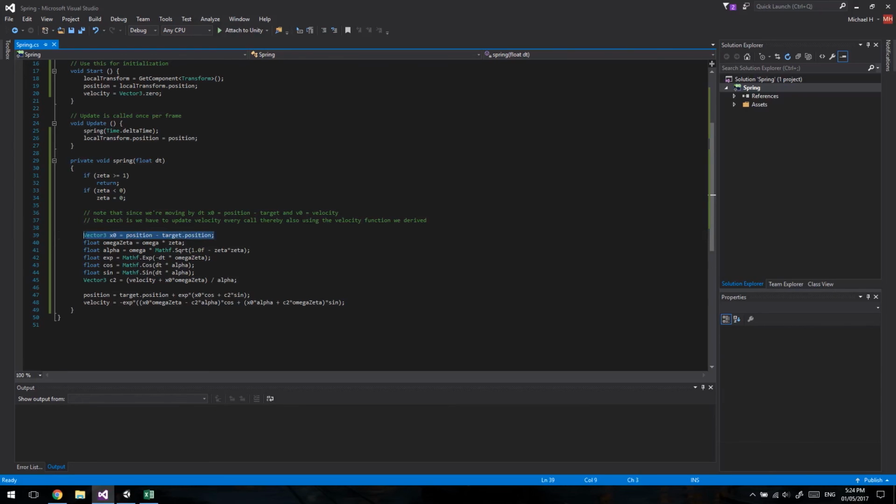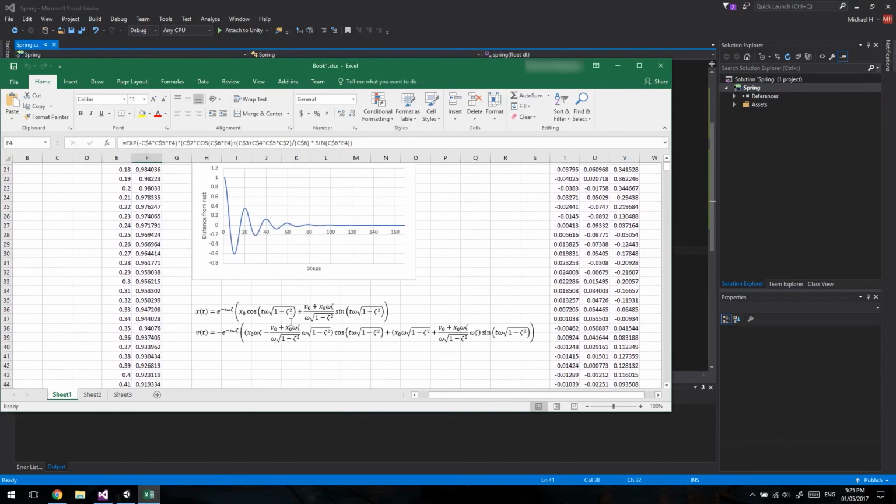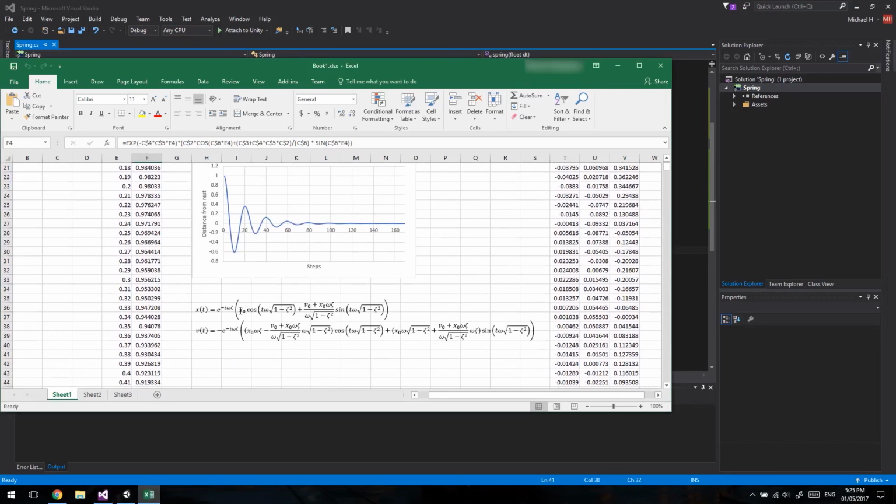So we update our x naught, we calculate our omega and zeta, like our constants, things that are pretty constant. Once again, we're just looking at this equation, so we're calculating our x naught, we're calculating our omega zeta, because omega times zeta comes up a lot in our equations. We're calculating our C2 because that comes up a lot in our equation.